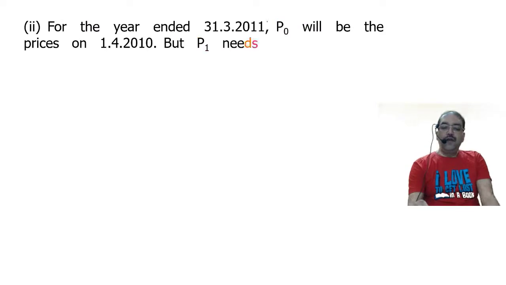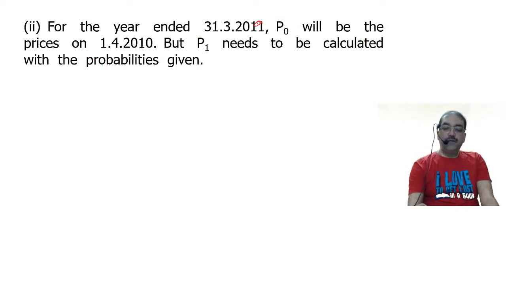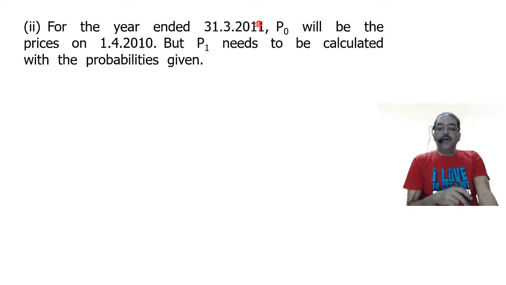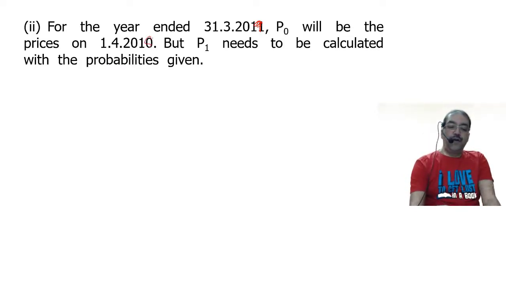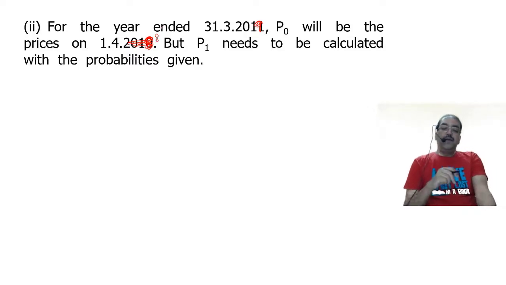Alright, for the year ended 31st March 2019, P0 will be calculated on the basis of prices on 1st April 2018. But P1 needs to be calculated with the probabilities given.